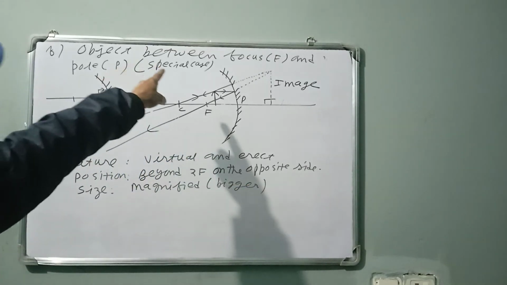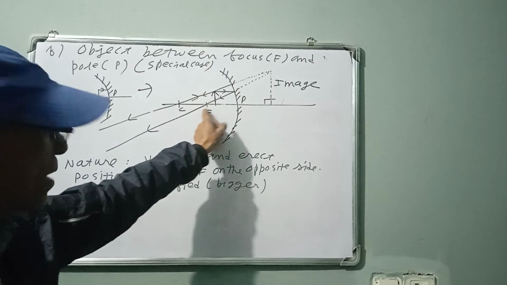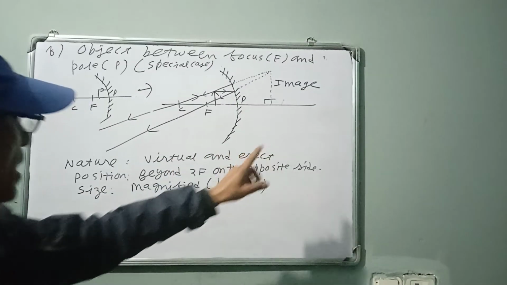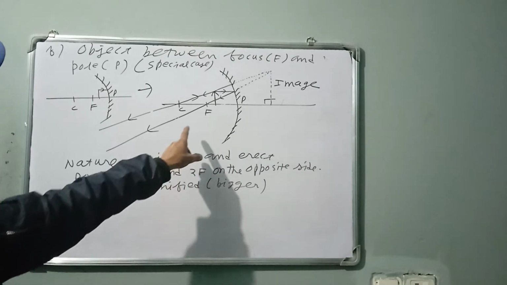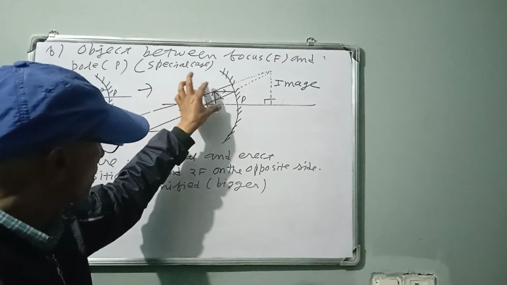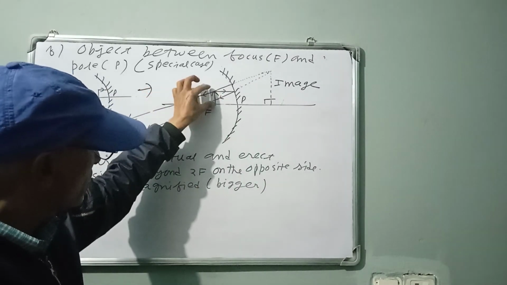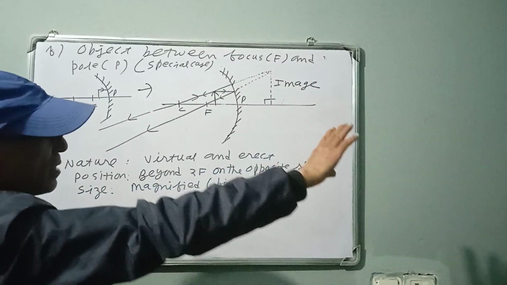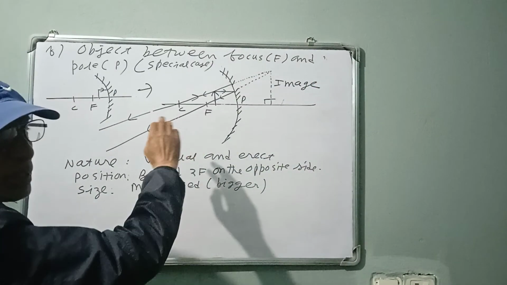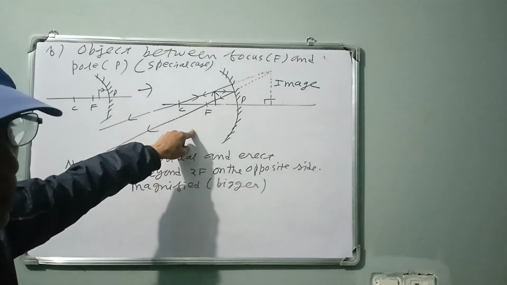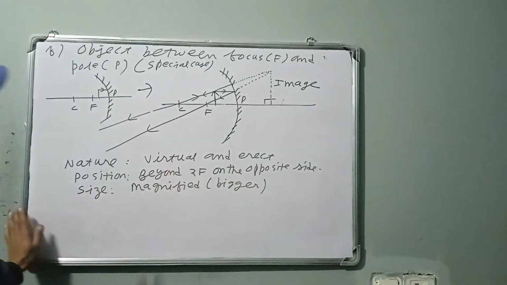If an object is placed between F and P, a virtual, erect and magnified image is formed beyond twice F on the opposite side. See, object on the left hand side, image on the right hand side. In the same way, if the object is placed on the right hand side, the image is formed on the left hand side.